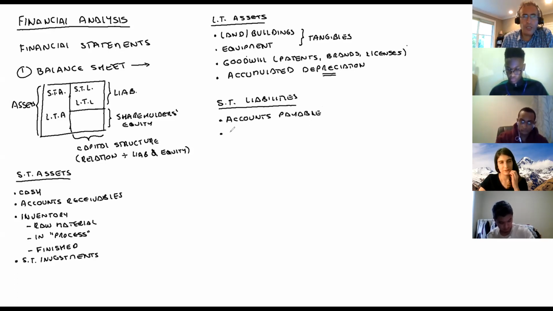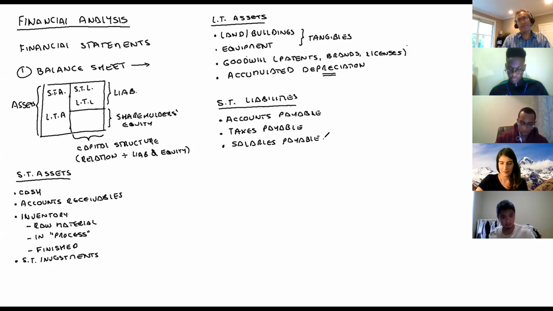Then sometimes we have something that's called taxes payable, for example. We're going to work more on taxes payable. And then you have salaries payable, etc. So everything that is short term will be considered in here. Got it?